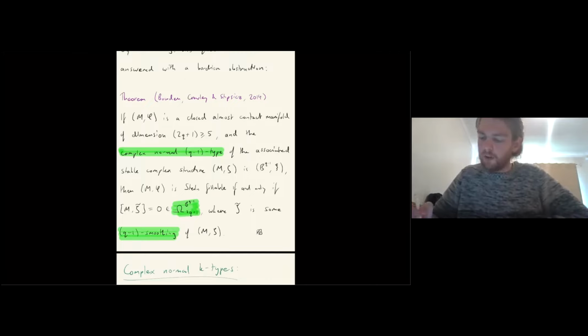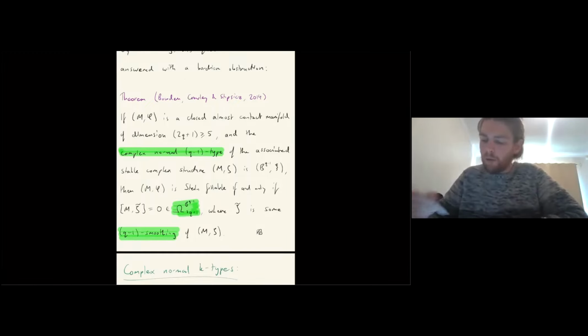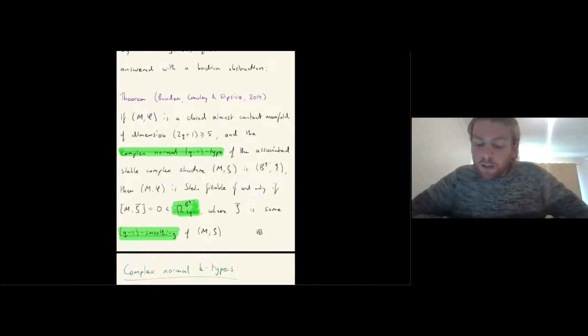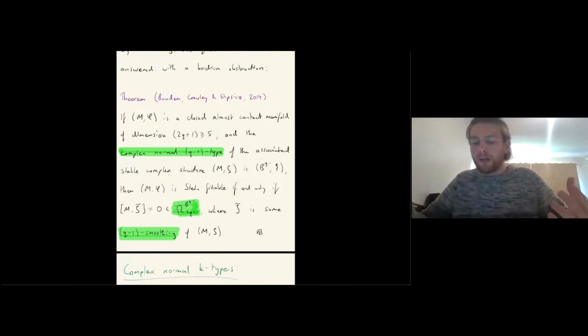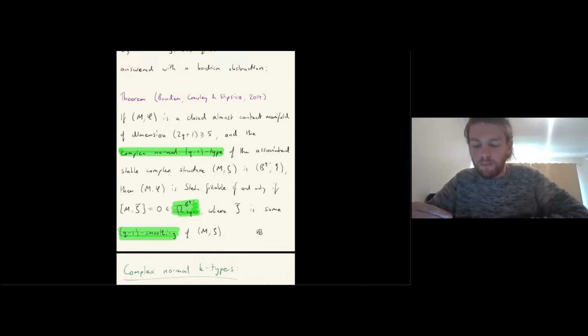They had this theorem, a big slab of text here, and I've highlighted some words that I haven't defined yet, but we'll come back to it in a second. The idea is, if you're given a closed almost contact manifold, you take the associated stable complex structure, and this has an invariant called the complex normal k-type.